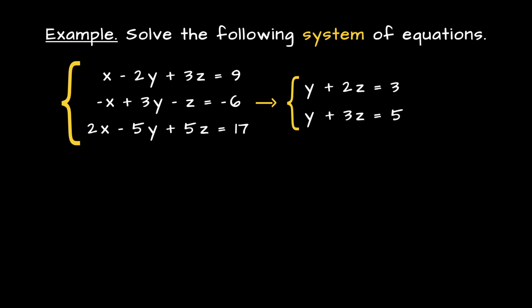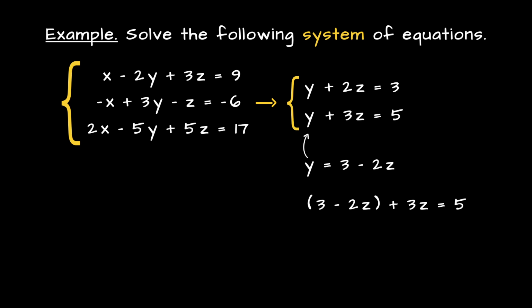We can solve the first equation in our two-variable system for y to obtain y equals 3 minus 2z, and then substitute that in for the y in the second equation. That gives us 3 minus 2z plus 3z equals 5.